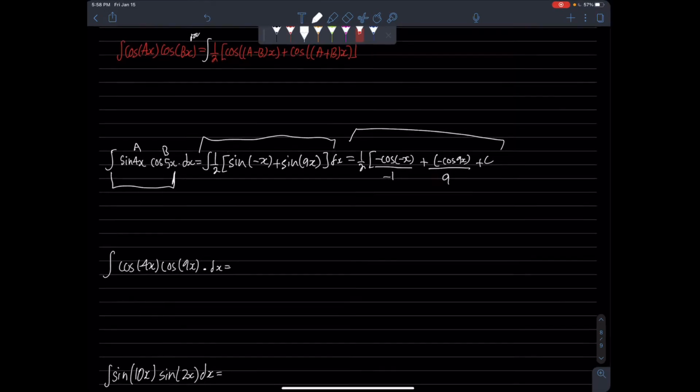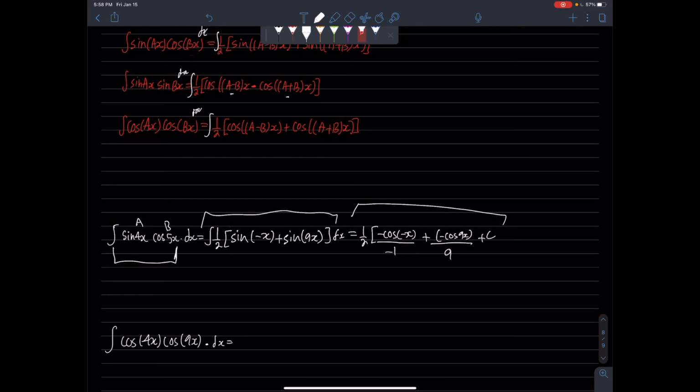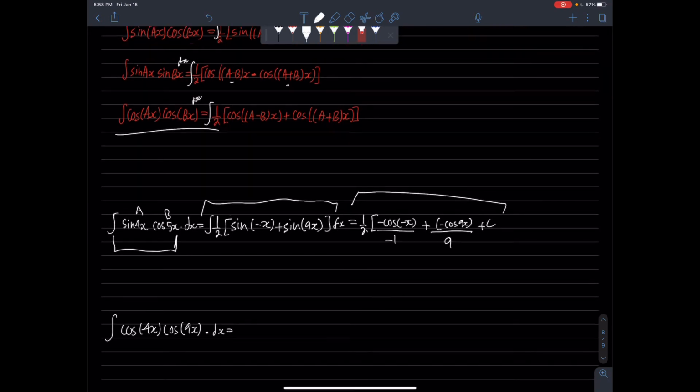So let's look at this one. Cos 4x cos 9x. So we've got a cos and a cos, so that's this one. It's equal to, bring the 1 over 2 out, cos of a minus b, 4 minus 9, negative 5x, plus cos of a plus b, 9 plus 4, 13x, right?